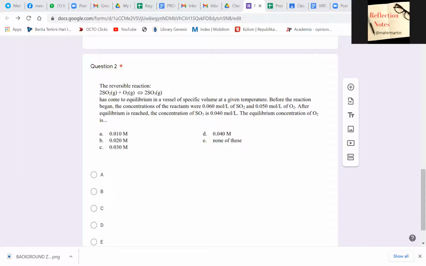And then after the equilibrium is reached, the concentration of SO3 is 0.04. So what does it mean? This is minus, minus, this is plus here. So it must be here 0.04, isn't it? Because when you sum I and C, you will get E. The E is 0.04, I is 0, so C must be 0.04.